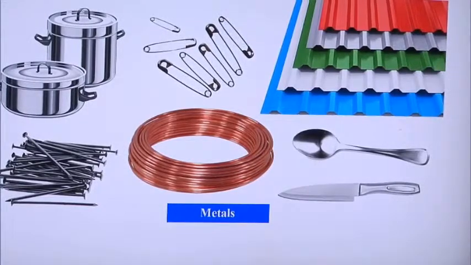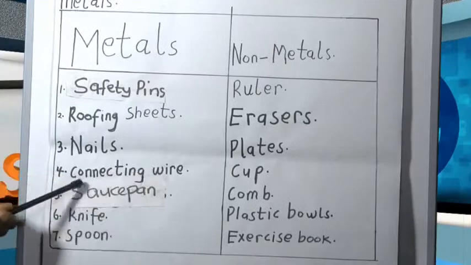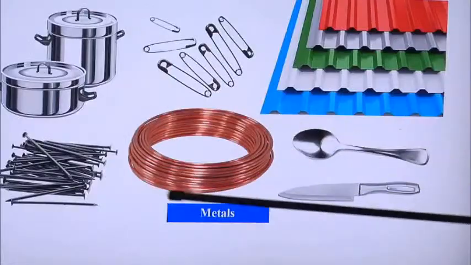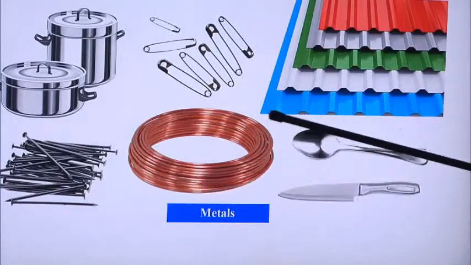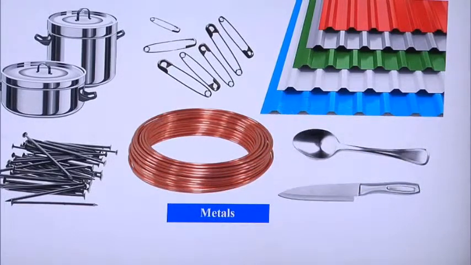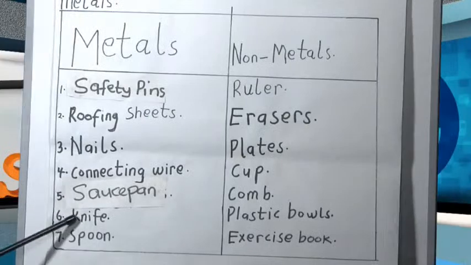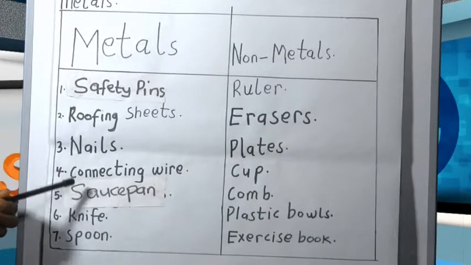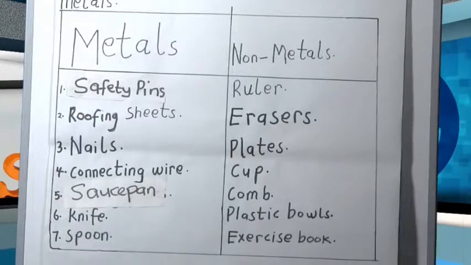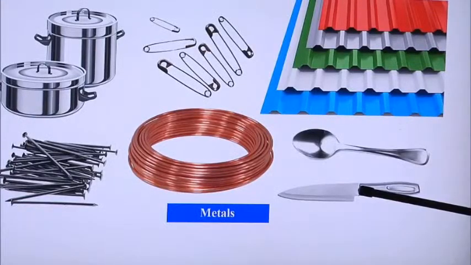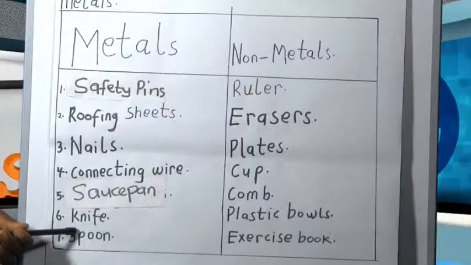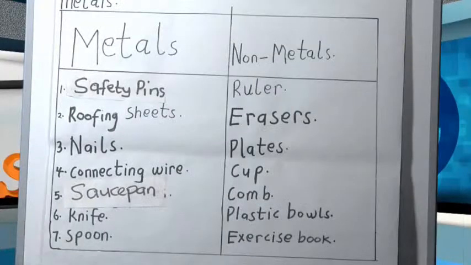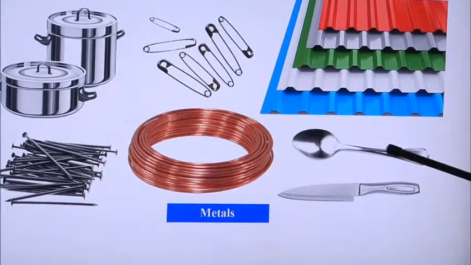Let's look at connecting wire. Let's look at the picture. Let's look at knife. We have already talked about the saucepan. On our screen, we have a knife. And then spoon. On the board, we have spoon. And the picture is here.